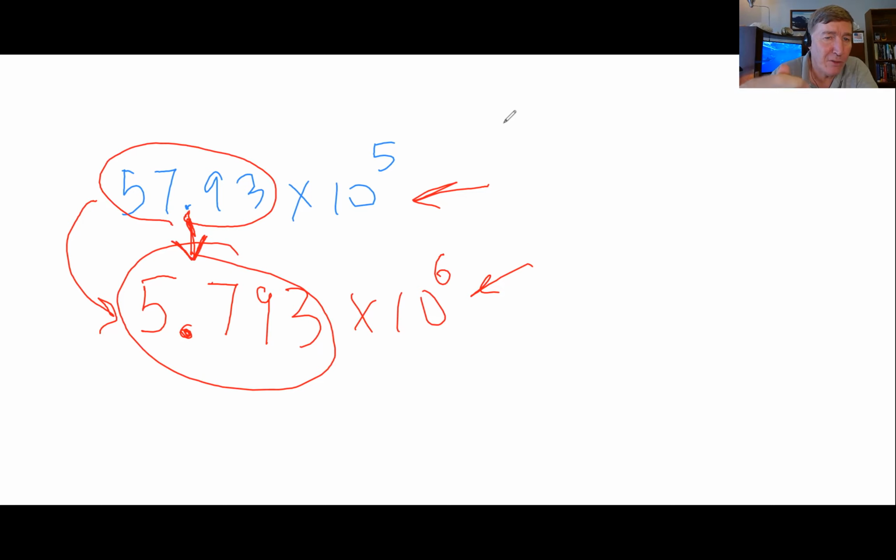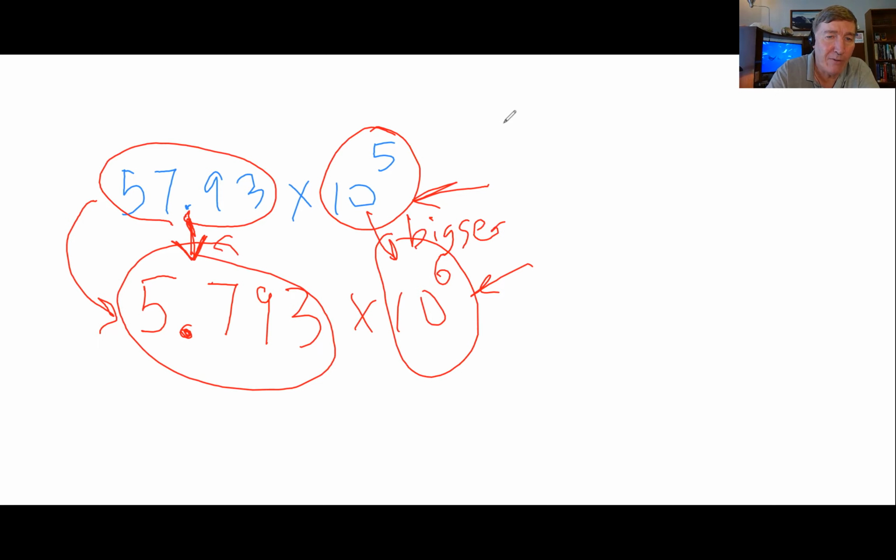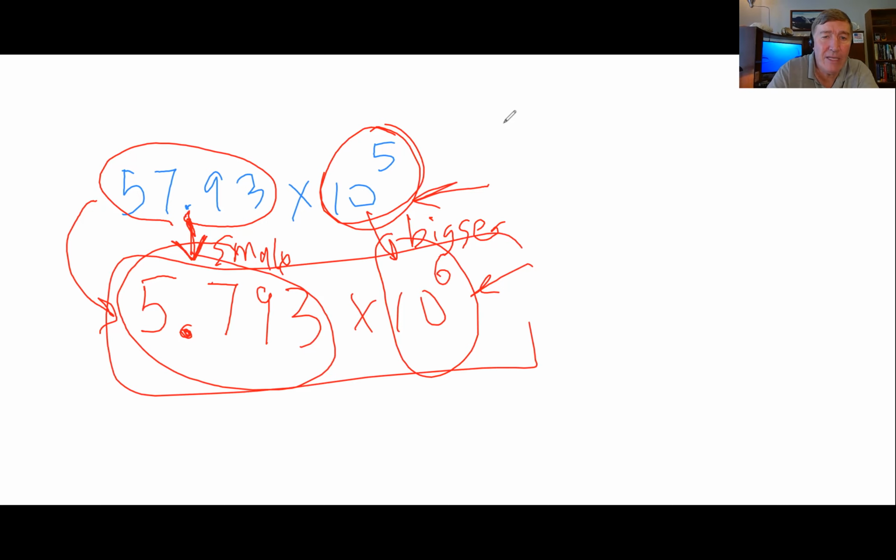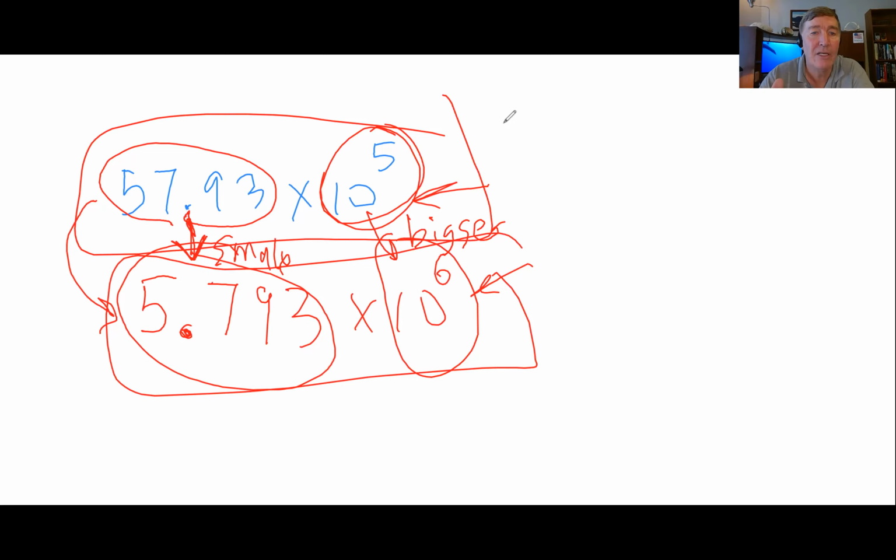So if I want the two of them to equal the same, that means that when I go from my exponent here to my exponent here, I need to make it bigger in order to compensate for the fact that when I went over here, I made it smaller. So I agree, 10 to the 6th is definitely bigger than 10 to the 5th. So I agree with you, Caleb. Okay, so this number on the bottom and this number on the top, they are equal to each other, but only one of them is written in scientific notation, and it's the bottom one.